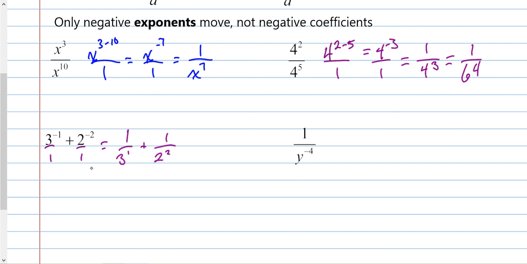So really what I'm looking at here is 1/3 plus 1/4. And now your favorite fraction rules come back. It says I need a common denominator. So I wind up with 4/12 plus 3/12 is 7/12.